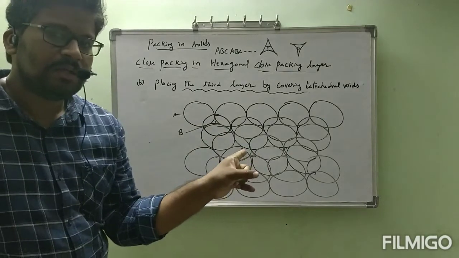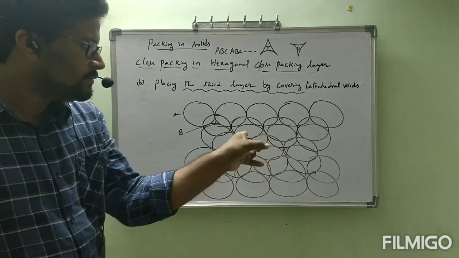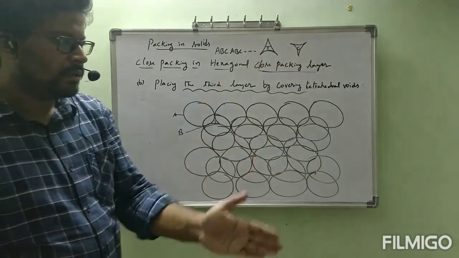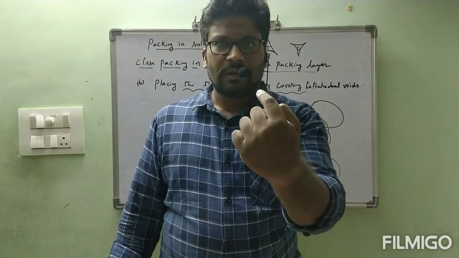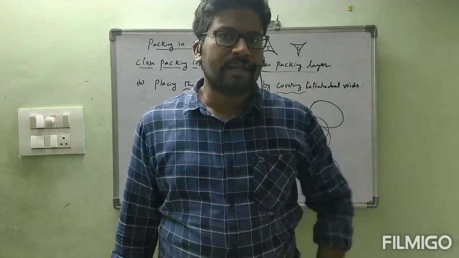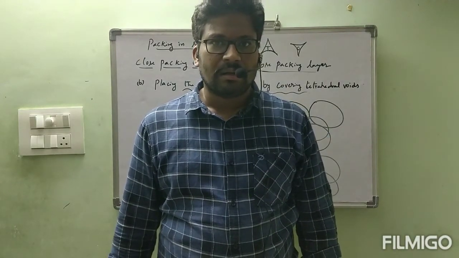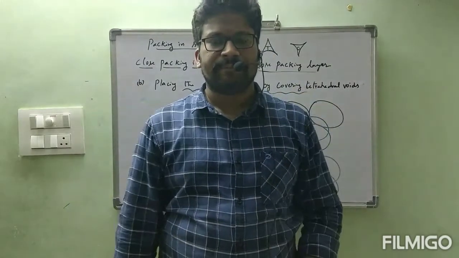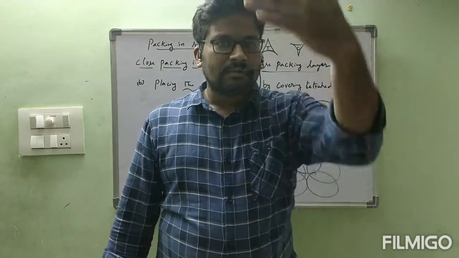If you observe in this way, this is the A layer. I am standing like this and you are viewing from your side. My view and your view will be different. Is it correct or not? In between us, these layers are present.